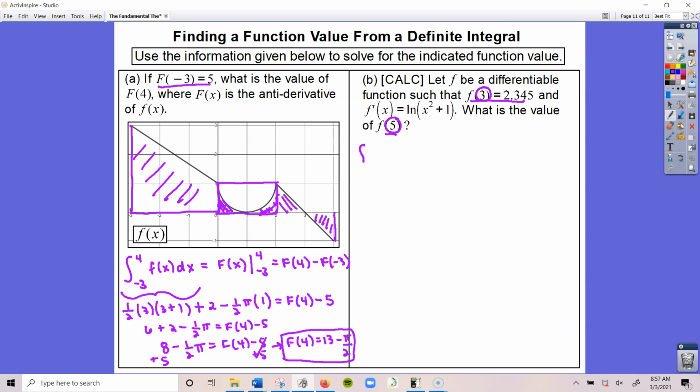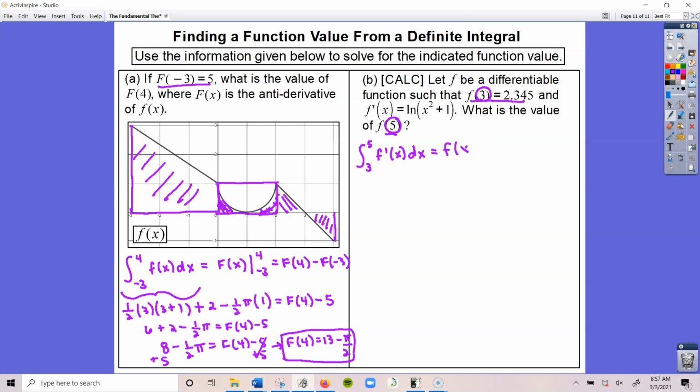So I'm going to set my integral here from 3 to 5 of f prime of x. I'll rewrite this in a second just so you understand where I'm getting at. And this is going to equal f of 5. I keep skipping a step and I apologize.